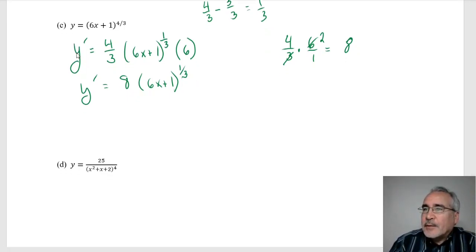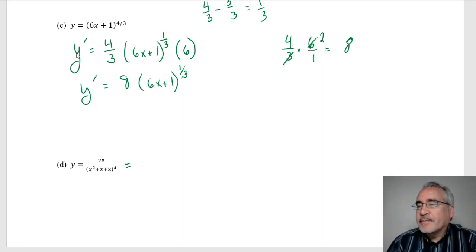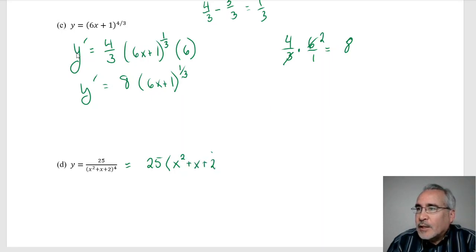For this one, what we're going to do is rewrite this with a negative exponent, because that's the best way to deal with things, I think. So it comes up to the top. We're going to have 25 times the expression x squared plus x plus 2 raised to the negative 4 power.